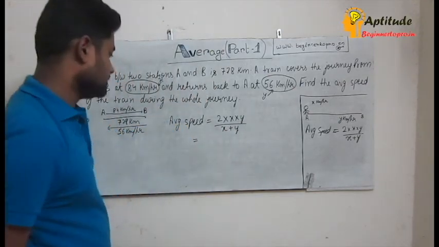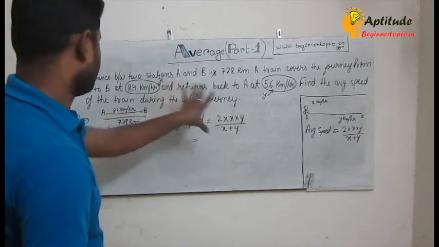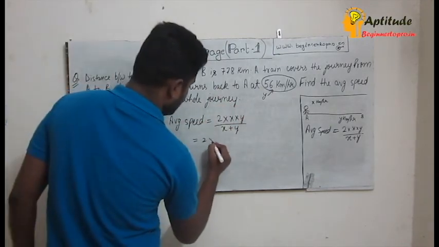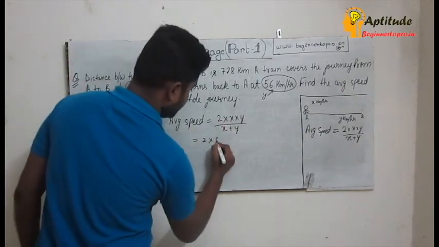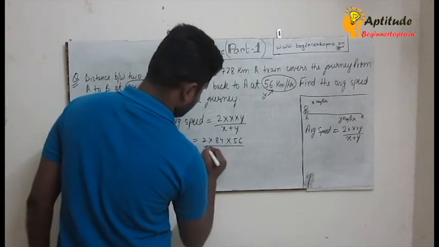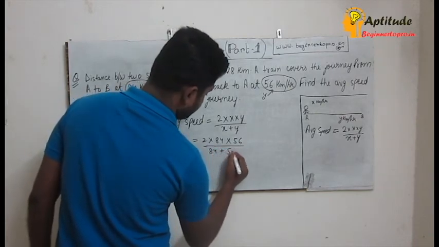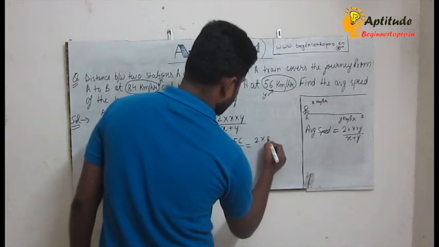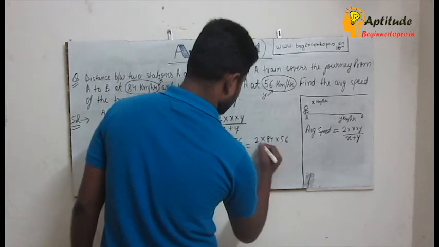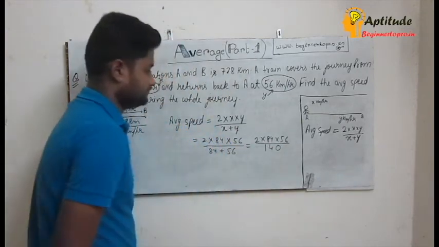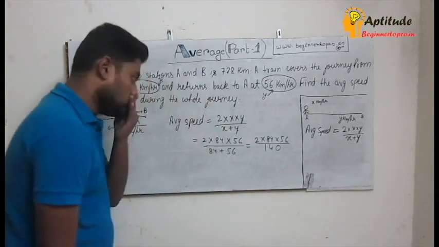So just by substituting the values of x and y, which is 2 into the value of x, 84, into y, 56, upon 84 plus 56. This is nothing but 2 into 84 into 56 upon 140.